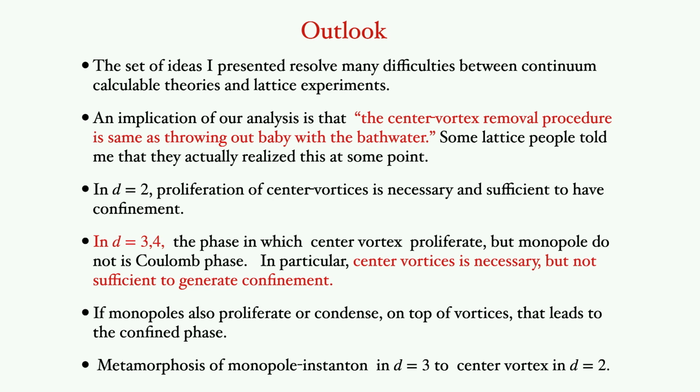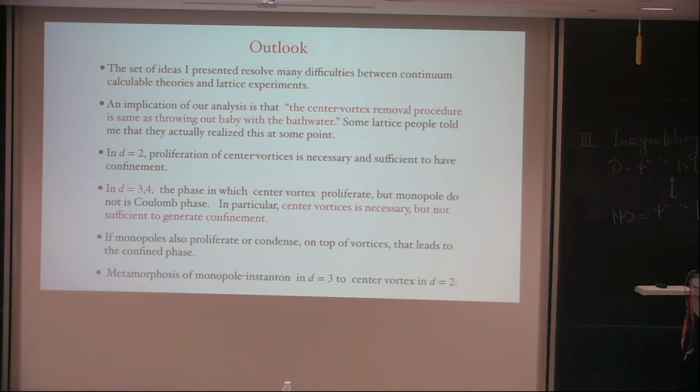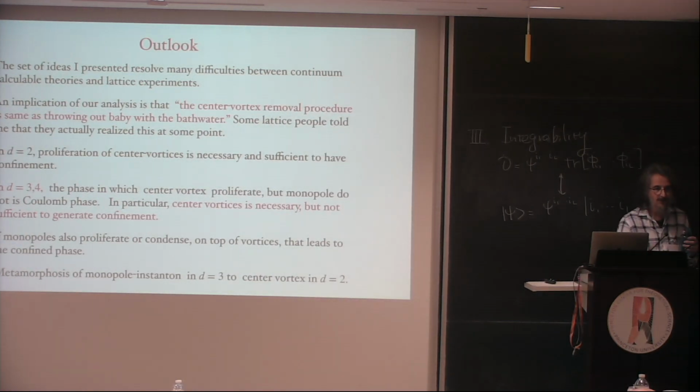When you say, "Hey, I am removing the vortices," they are also removing these monopoles. Because of that, their demonstration shows the necessity of the vortices, but not sufficiency. So they do not take that step. I think the correct set of ideas goes along the lines that I described.